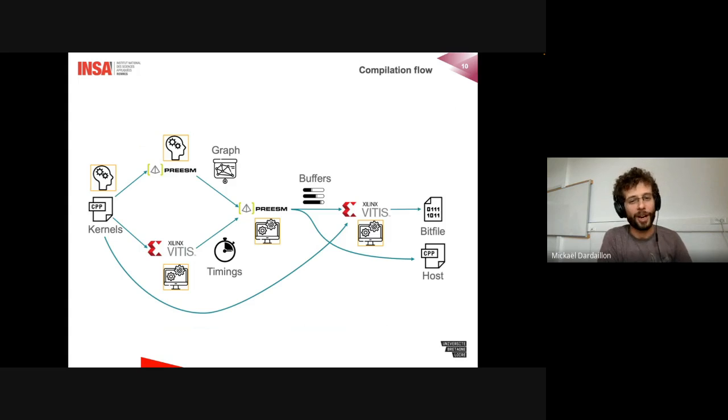The people who are aware of HLS may have already understood why I wasn't doing that. Even though we are using C code, those C++ HLS kernels need to be rewritten from scratch to reach any kind of performance on FPGA. Even though it's the same language, it's a completely different implementation.